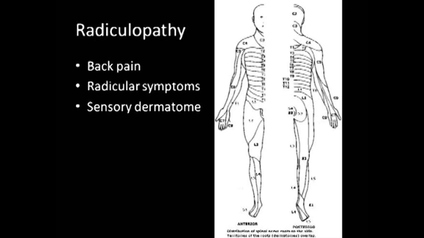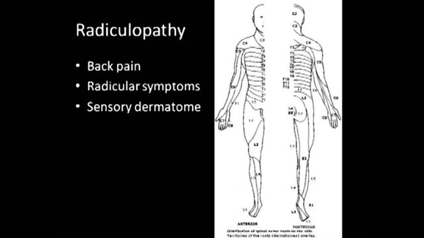All right, so again, you can see a diagram there on the screen showing you the different dermatomes. Just appreciate that the L2 dermatome is primarily the anterior thigh area. L3 extends down into the medial leg and inner thigh area, and especially around the knee.